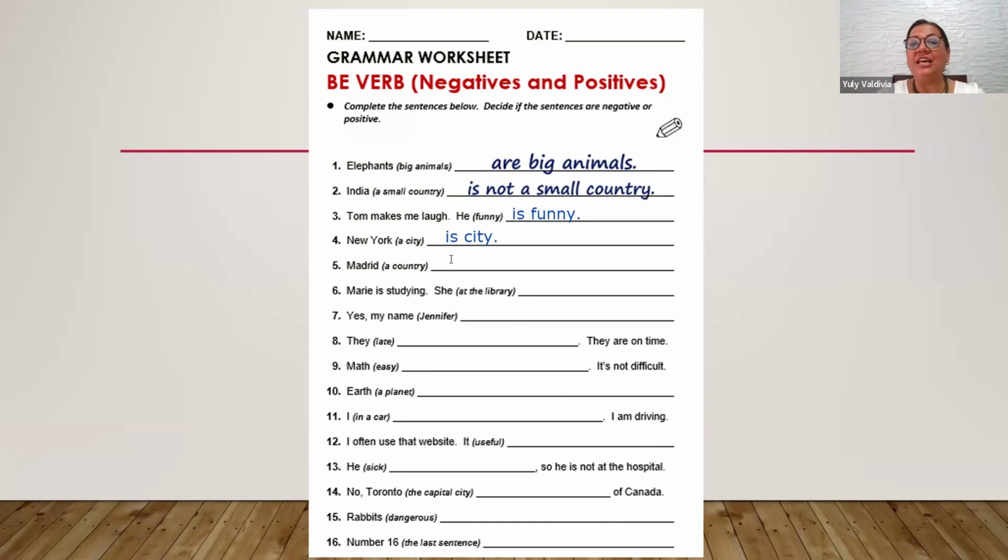Madrid is a country? Madrid is a city. That will be the correct alternative. Okay, Mary is studying. She's at the library or she isn't at the library?